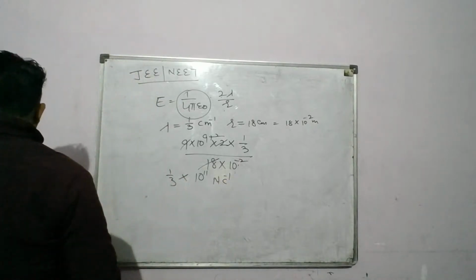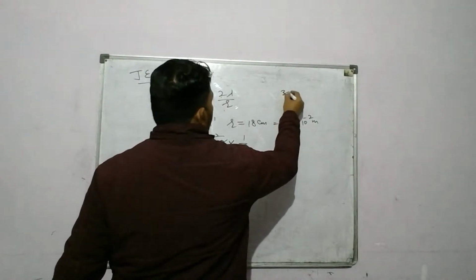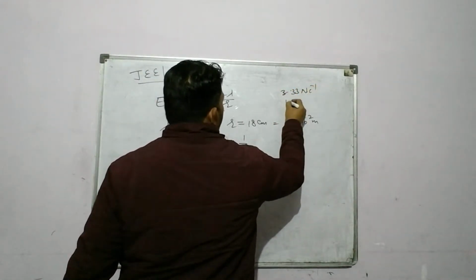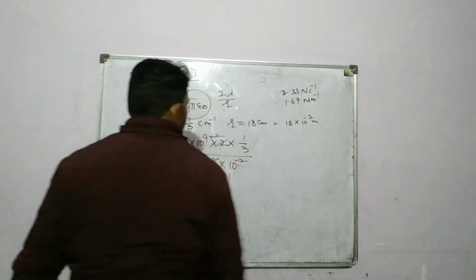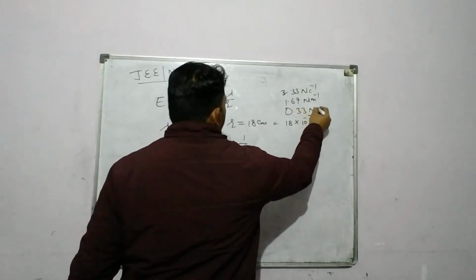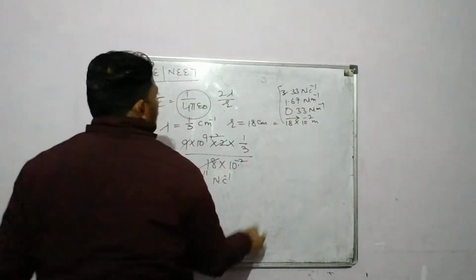What the options are given? So many options are given. 3.33 Newton per coulomb, 1.67 Newton per coulomb, 0.33 Newton per coulomb, and last is none of these.